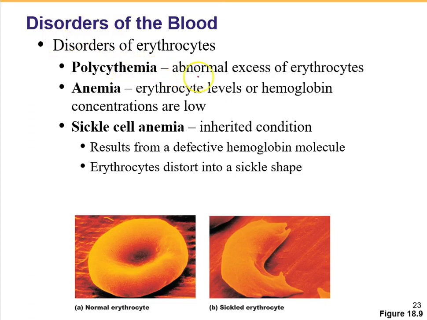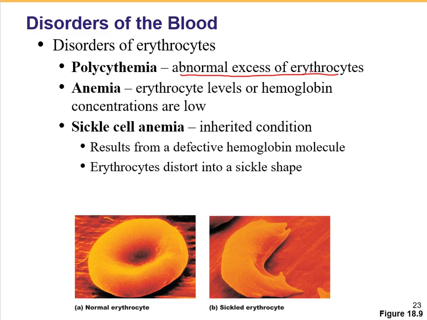So in polycythemia, we have the abnormal excess of erythrocytes, and this increased number of red blood cells can lead to thickening of the blood, which can impair circulation and increase the risk of blood clots and cardiovascular disorders.